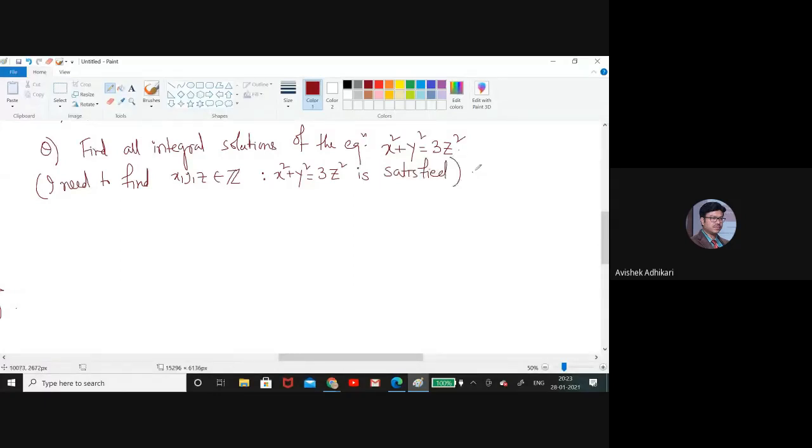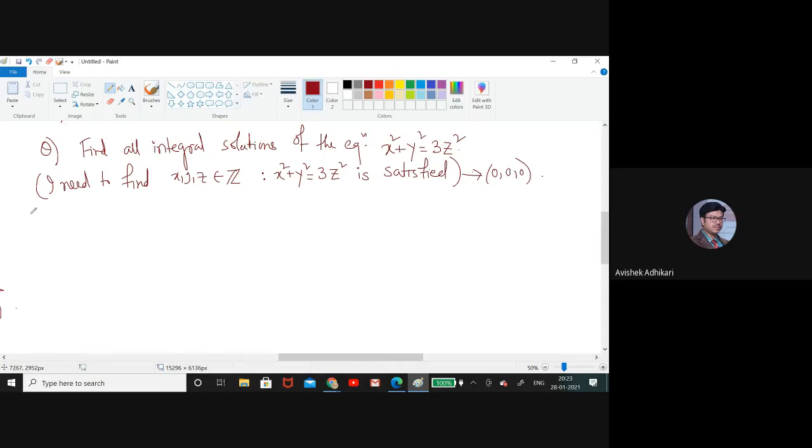Can anybody tell me quickly? First give me at least one integral solution of it. One solution: 0, 0, 0. Very good. So it must have at least one solution, 0, 0, 0.